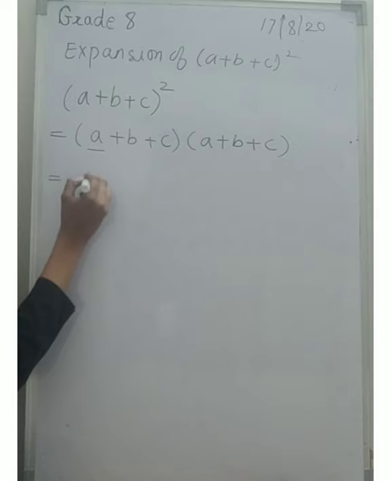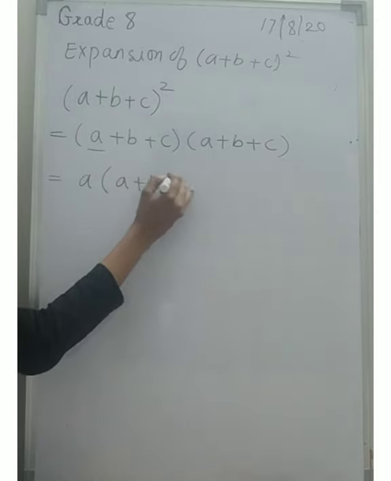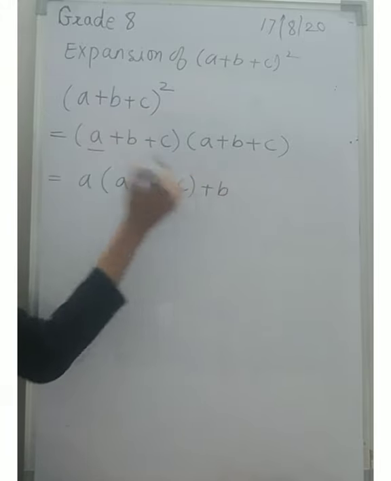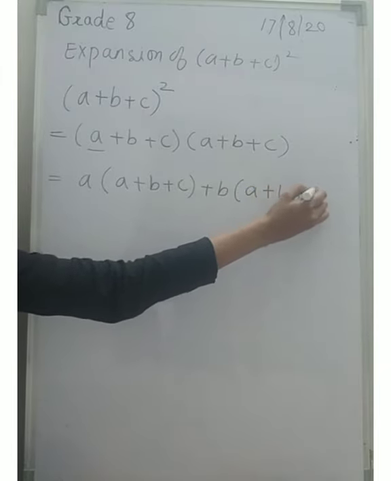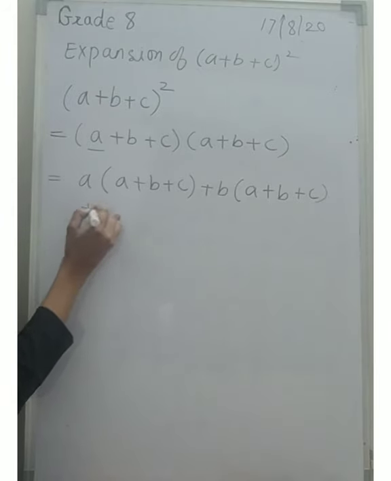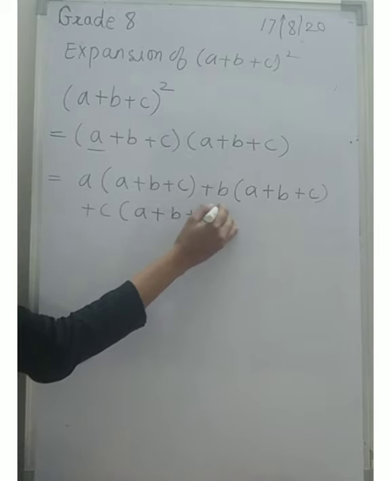So I write a multiplied by the second bracket, plus b, because there's a plus sign, (a + b + c), and now plus c into (a + b + c).